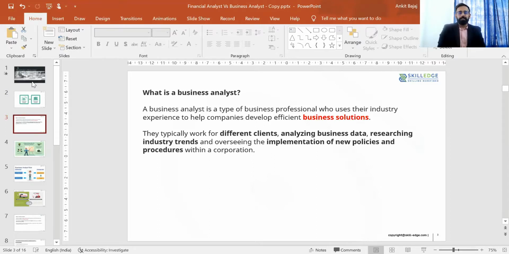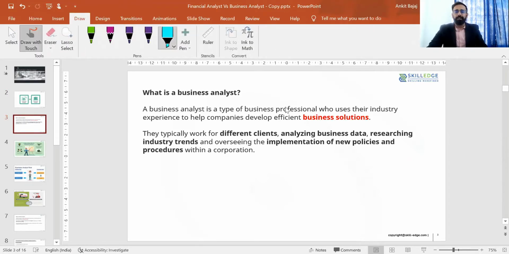So basically what business analysts do, they provide solutions to the organization, solutions related to the business, right? Let's suppose an owner is running some business and is facing problems, not able to run the business properly because of a lack of internal controls, or because they are not that advanced in technology, or several other reasons. So business analysts provide solutions to businesses.